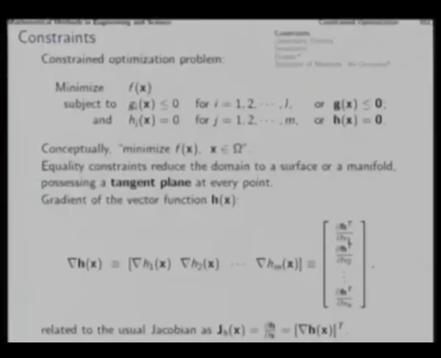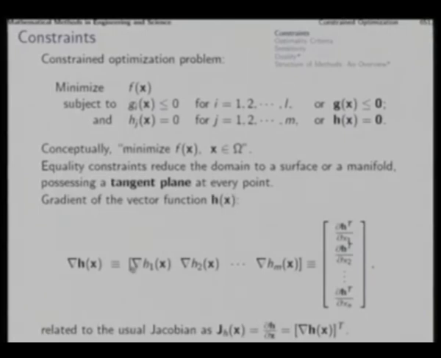So, how would you describe the tangent plane? For the vector function h in which the components are h1, h2, h3, etc., if you put their gradients like this, grad h1, grad h2, grad h3 and so on, and construct this entire matrix, it turns out to be basically the transpose of the Jacobian of h with respect to x.